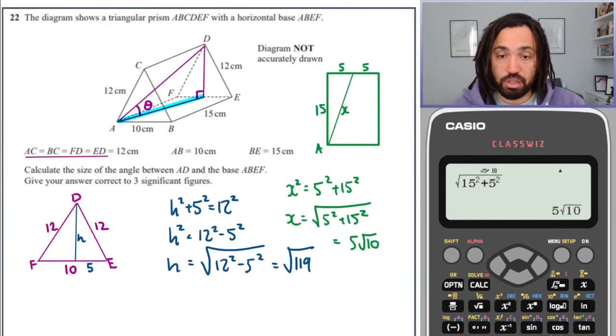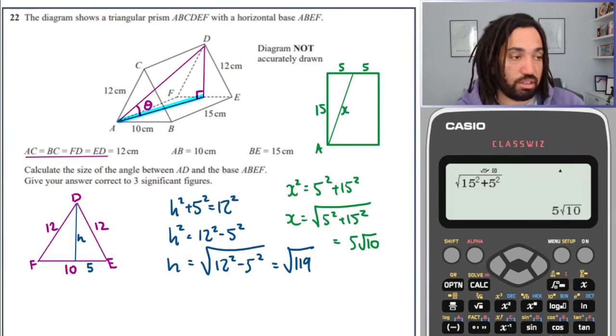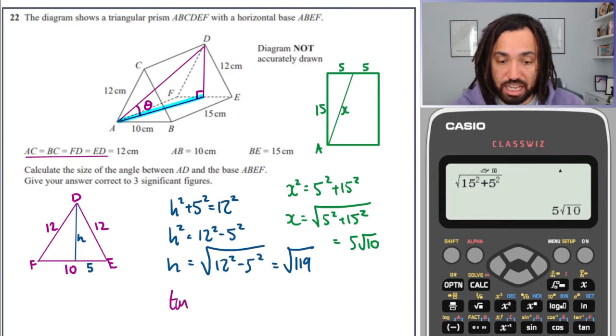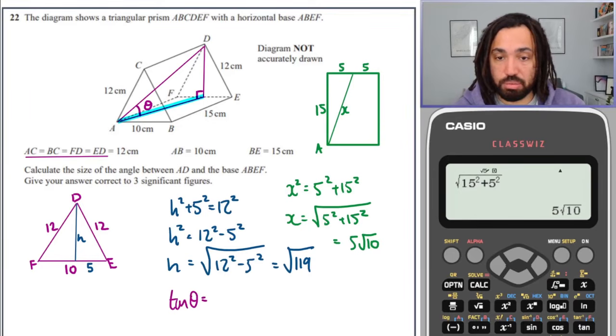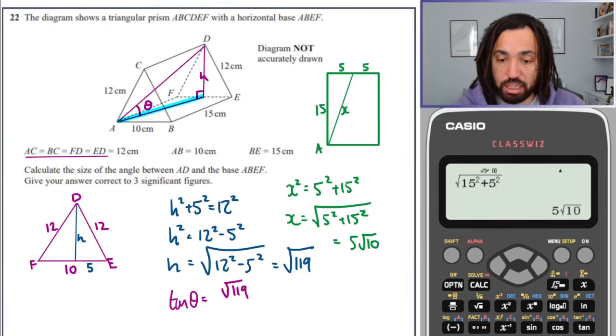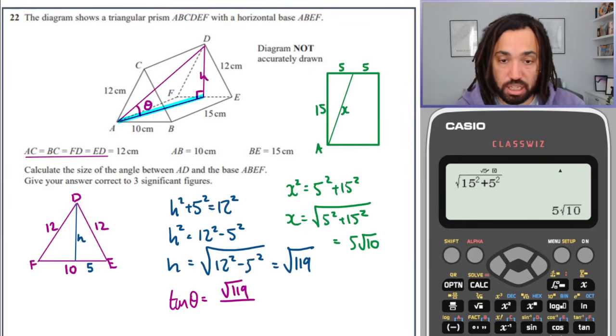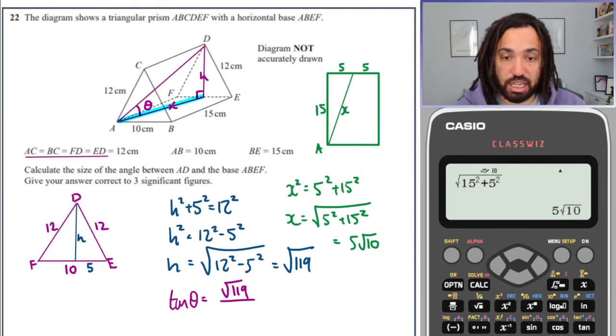Okay, right, we're good to go. So now we're looking at the purple right angle triangle inside the prism. We can say that tan theta is equal to the opposite, which is this side h, which we knew was root 119, over the adjacent, which was this side here, which is x.